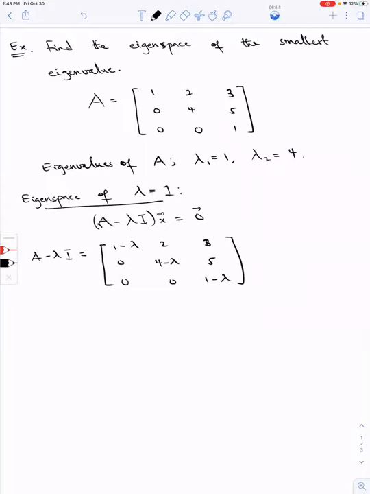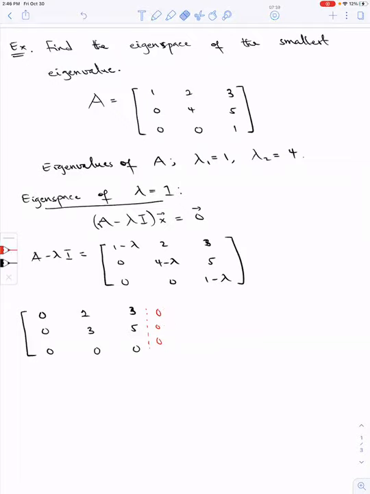Now, since lambda is equal to 1, when I set up the augmented matrix, I get [0 2 3 | 0; 0 3 5 | 0; 0 0 0 | 0]. Don't forget to include the 0 column, since you are solving an augmented matrix.